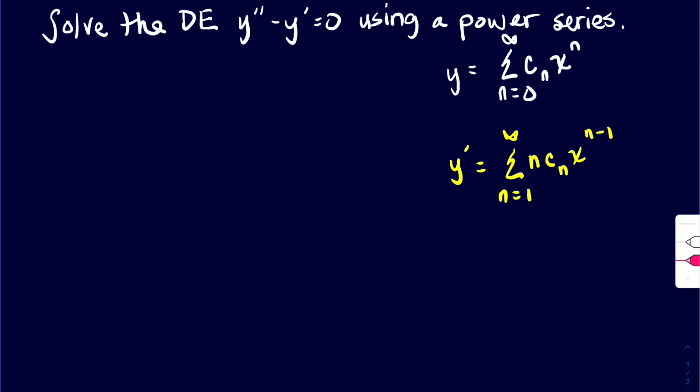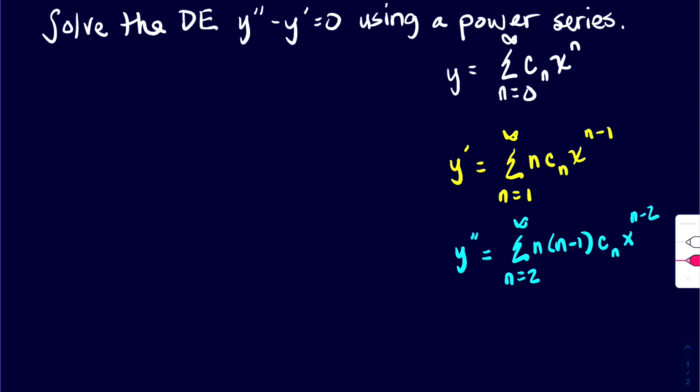And then finding y double prime in terms of the summation, we will have the summation as n goes from 2 to infinity of n times n minus 1 times c sub n times x to the n minus 2.